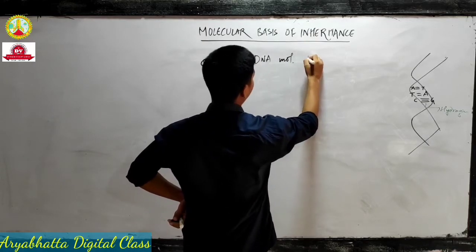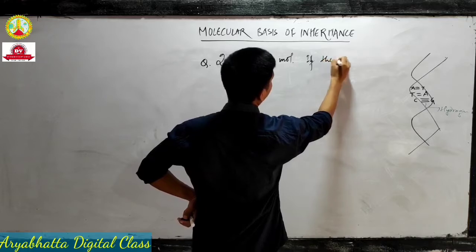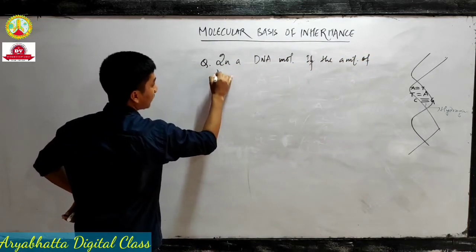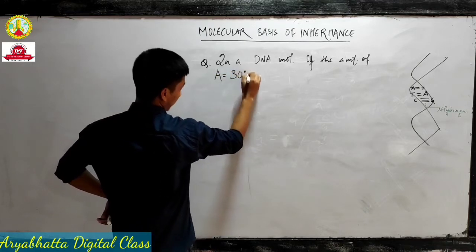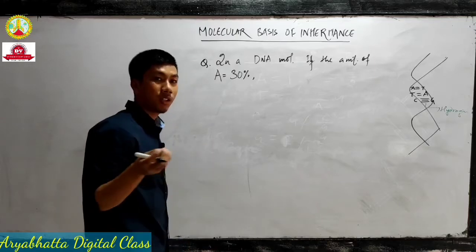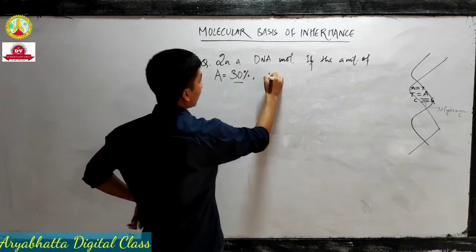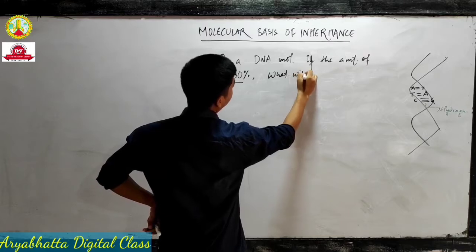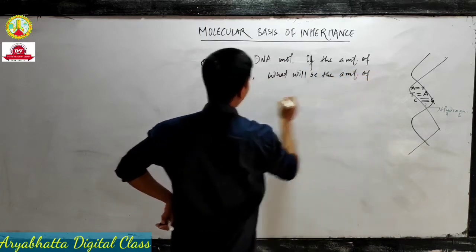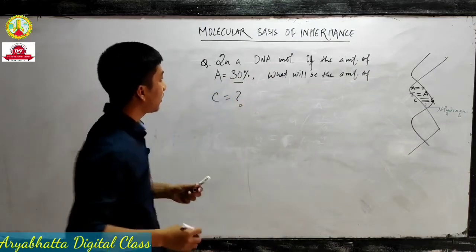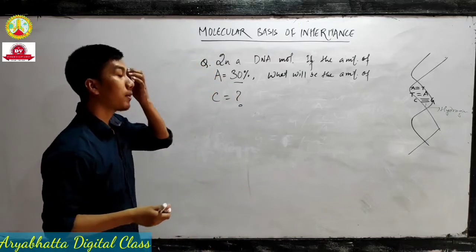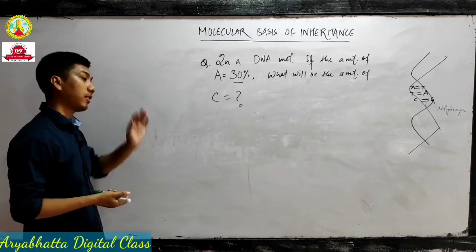In a DNA molecule, if the amount of adenine is given as 30%, then what will be the amount of cytosine? Such a question does come in entrances, and in boards the examiner may set such a question.